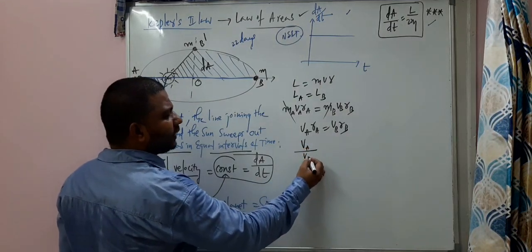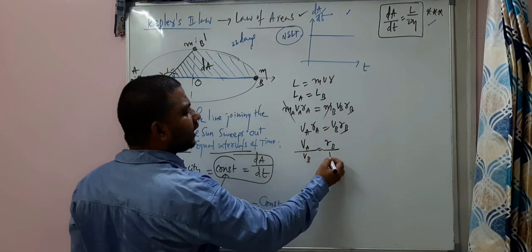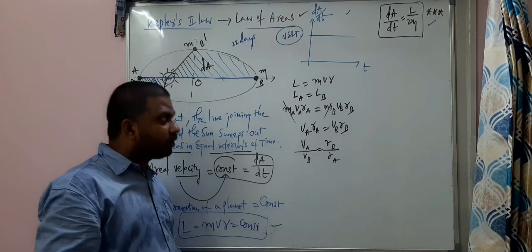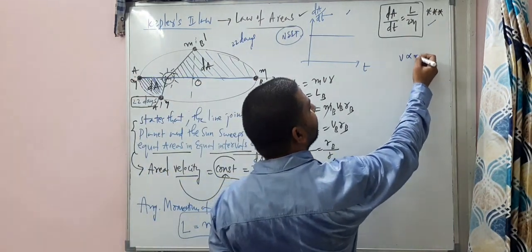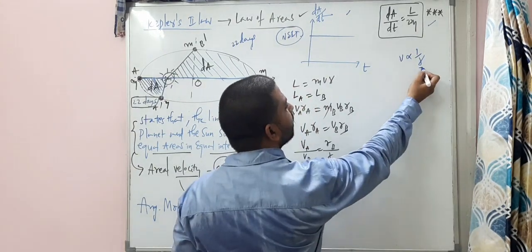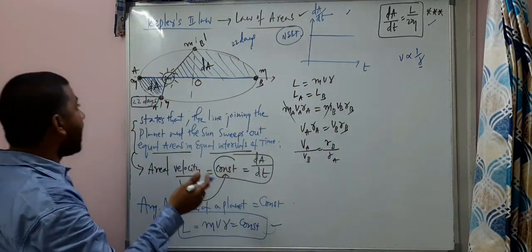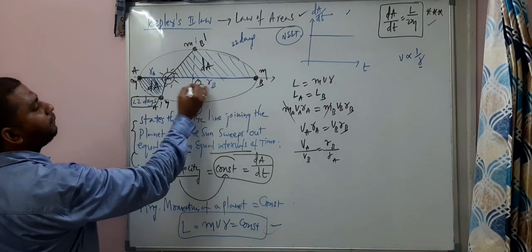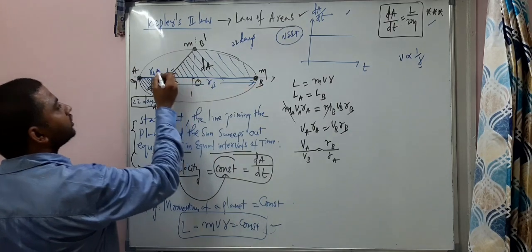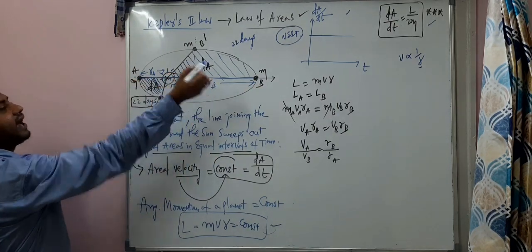VA by VB is equal to RB by RA. Once again I am telling you, listen. So the velocity of a planet is inversely proportional to R. And what is this R, my dear students? R is this one. This is RA and this is RB. Carefully see.